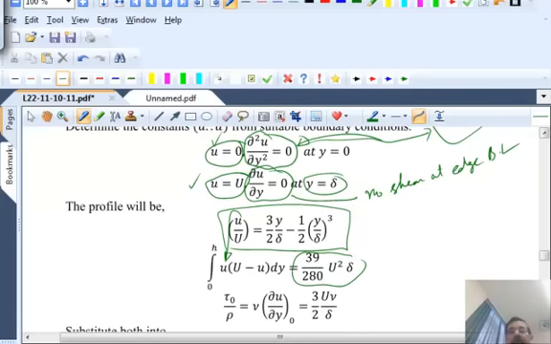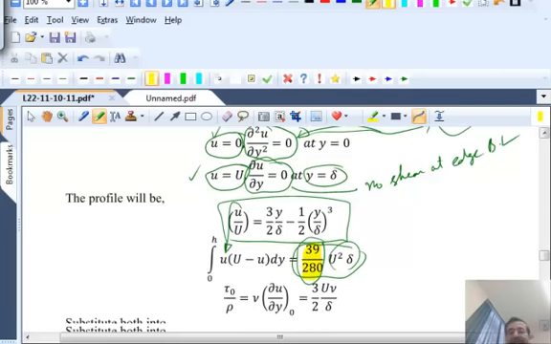Now, depending on what form of polynomial you put in, if you put a quadratic, this number would be different, but you will always get a U squared delta out of that. So the constant depends on what kind of velocity profile you put, and there is an exact value for the constant, which we can get from the Blasius equation if we want. But in an approximate way, we put a proposal for the velocity profile, we carry out the integration, and we get a constant. That constant depends on what profile we assume.